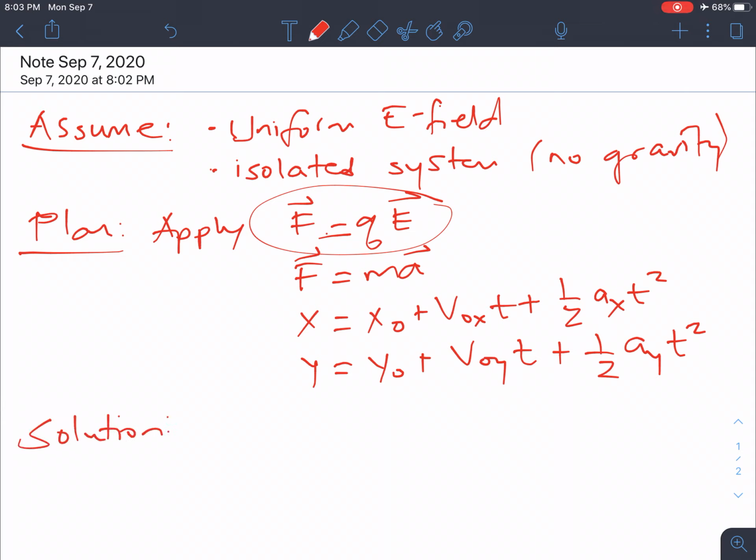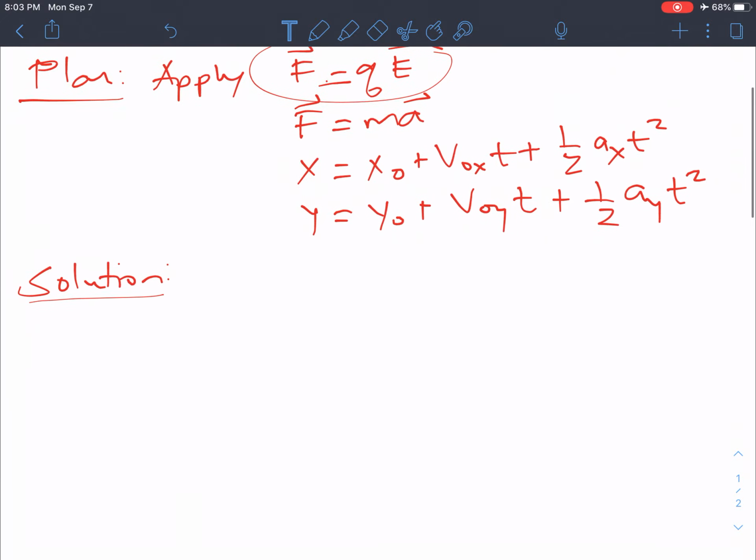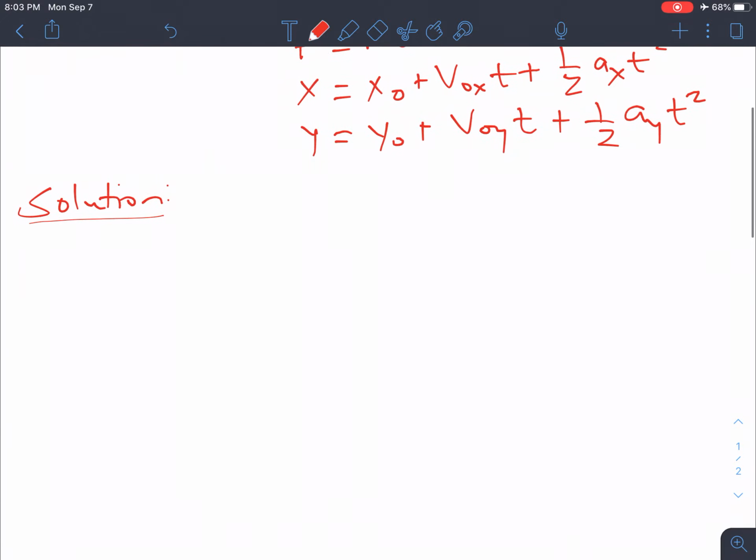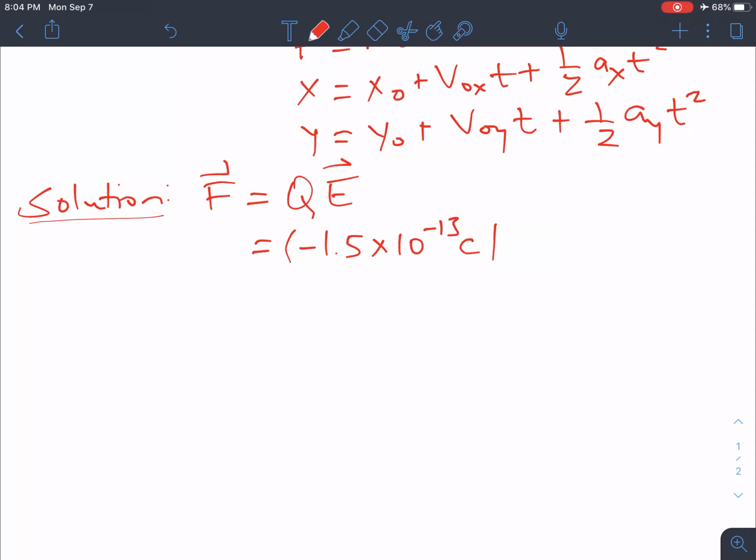So the solution, let's put it over here. Okay, so we know that force is created by the electric field, right? So we need to think about how to get the force. Again, F is equal to QE. Since they used capital Q for the charge, I'm going to replace it with that. And the value was negative 1.5 times 10 to the negative 13 coulomb. That is the charge.